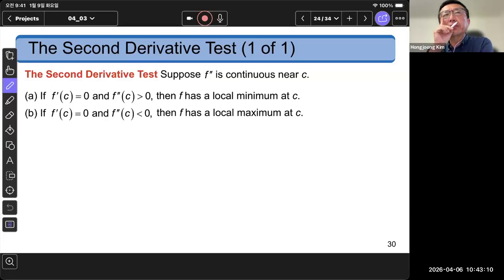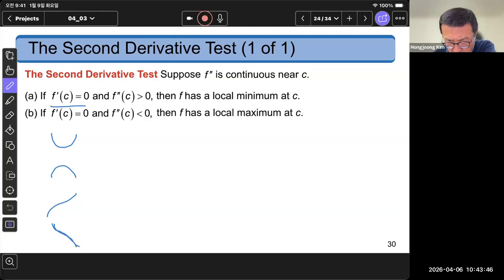And now we have the following second derivative test. Suppose that f double prime is continuous near C and f prime of C is 0, then we have one of four patterns. You may have local minimum, local maximum, or just purely increasing or purely decreasing function, right?